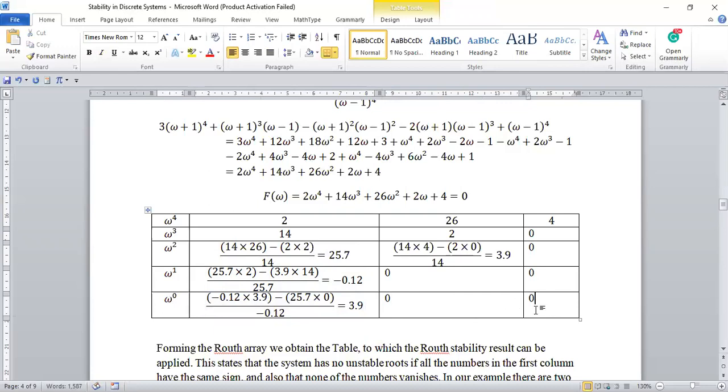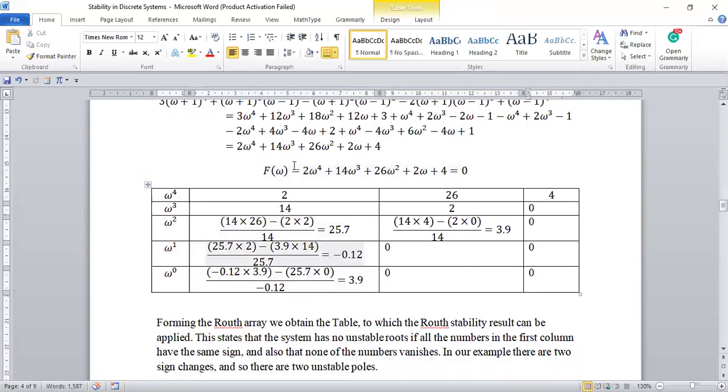So if you can remember your 412 in control systems, we said that the system is stable if the elements of the first column all have the same sign.